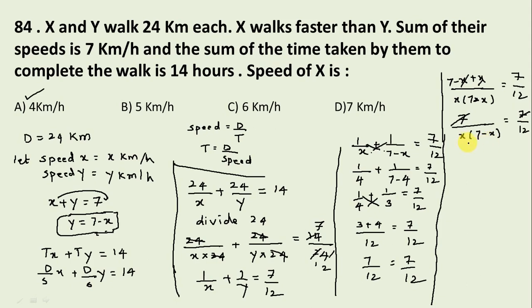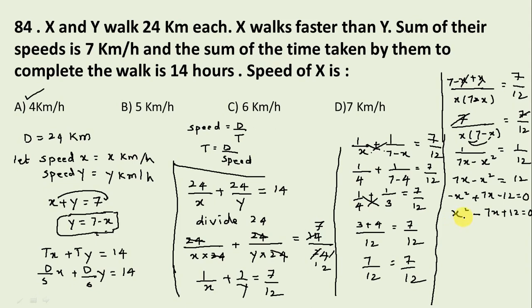Open this bracket with x. 1 by 7x minus x square is 1 by 12. Take reciprocal of this. 7x minus x square is equal to 12. Arrange the terms. Minus x square plus 7x. Take 12 to that side, that is minus 12 is equal to 0. x square minus 7x plus 12 is equal to 0.